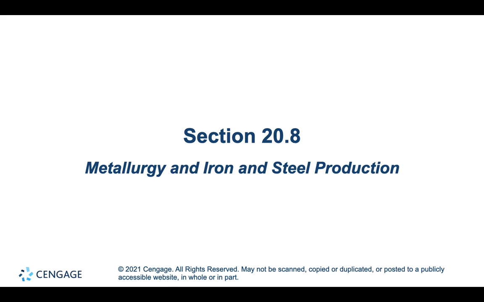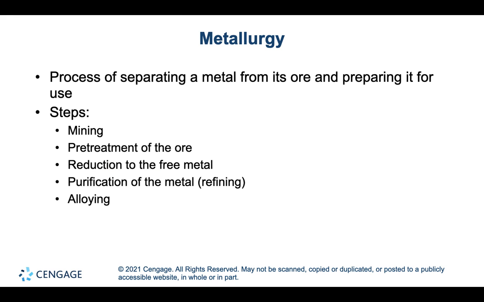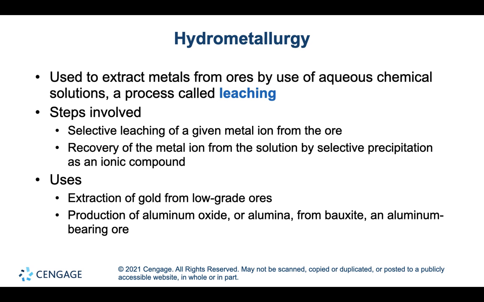Iron is also important in steel production. If we go through the steps of making steel, you would start with some iron ore that you had mined. There might be some pre-treatment, some reduction, some purifying, and then some alloying. Different ways to extract the metals from the ore include leaching, using chemical solutions to dissolve the iron out of the ore.